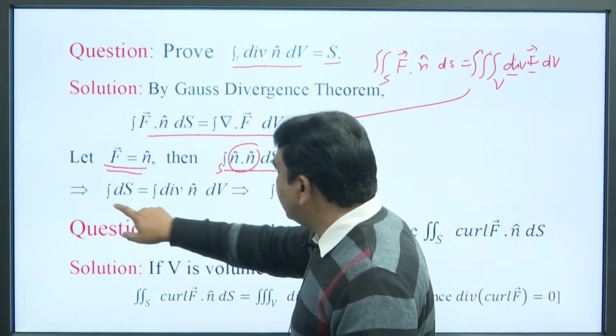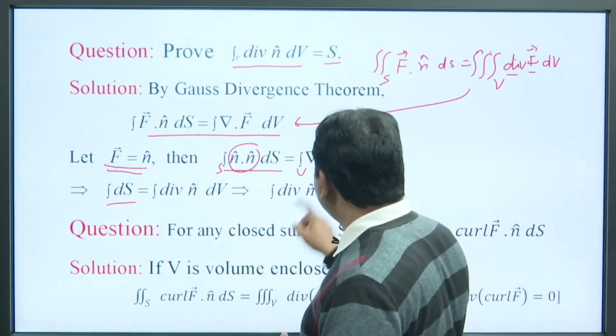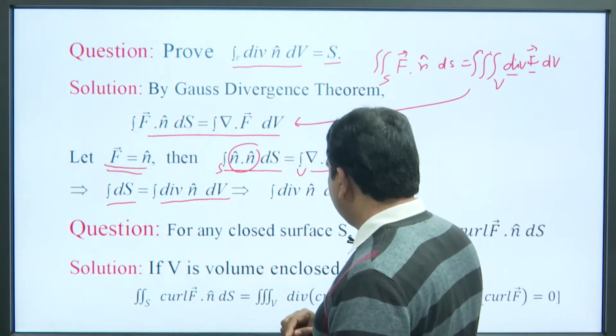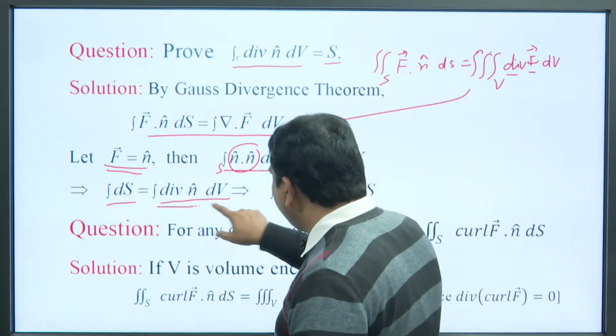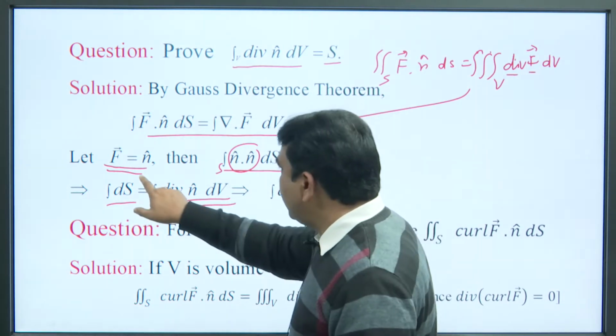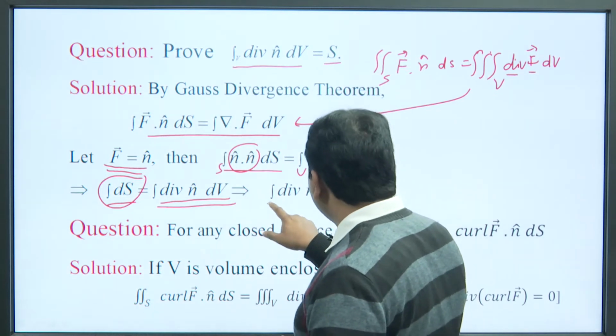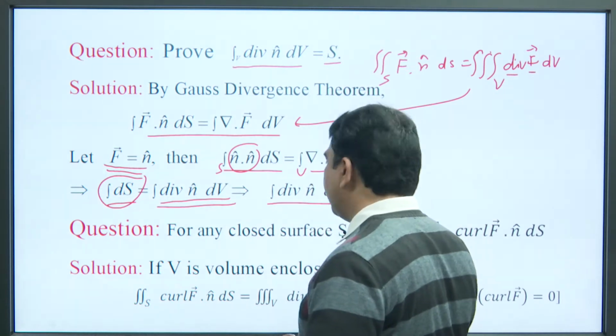So, on the left hand side it is integral dS, and this is nothing but the divergence of n dV. So, finally, the integral of dS becomes S. So, divergence of n dV is nothing but the surface S.